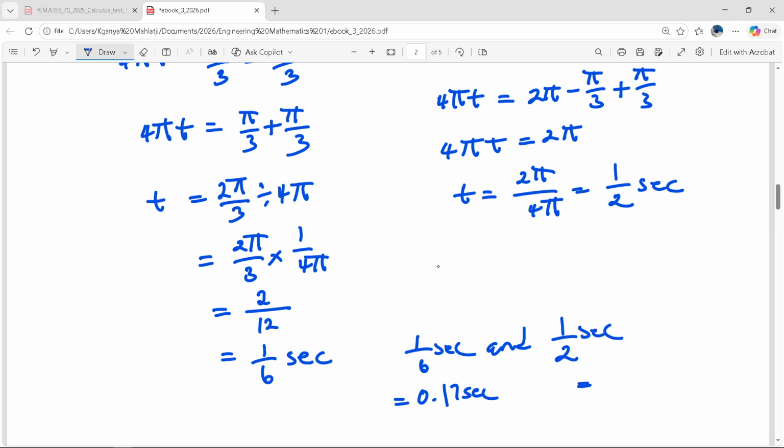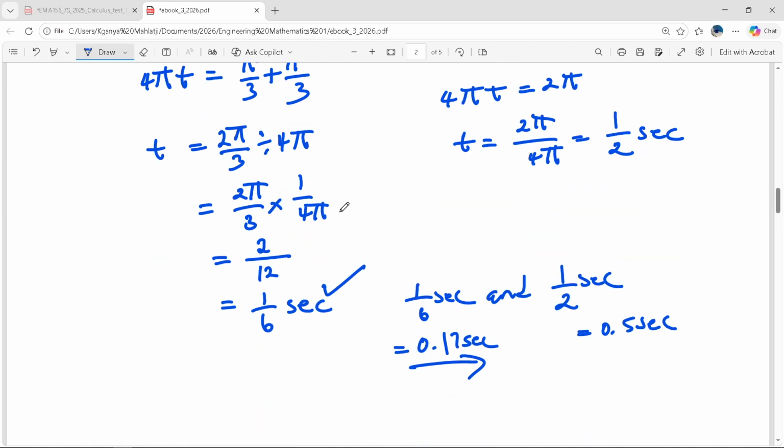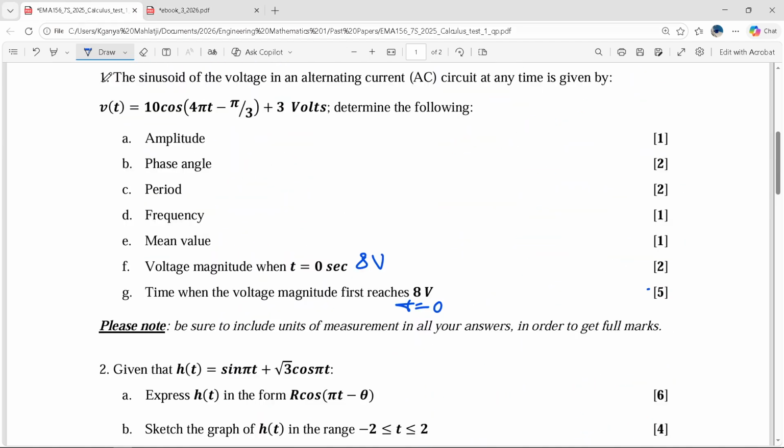Then this one is 0.5 seconds. Therefore this one will come first. So the correct answer for you here is 1 over 6 seconds. So I think we are done with question 1.